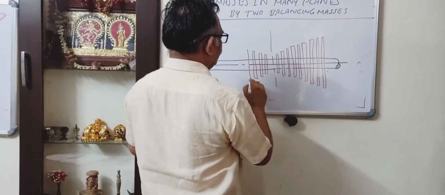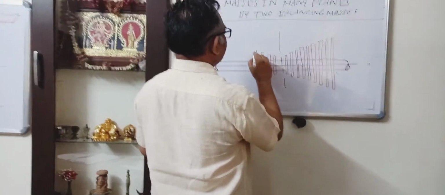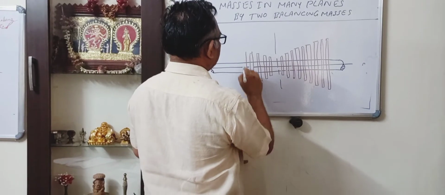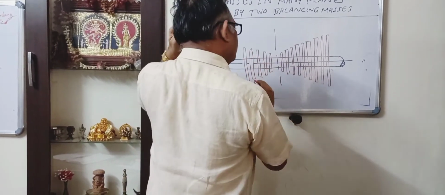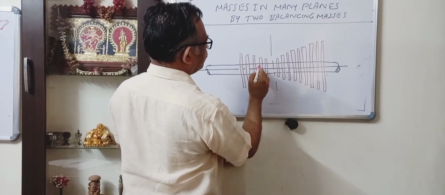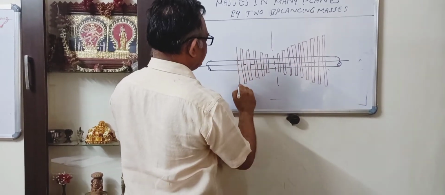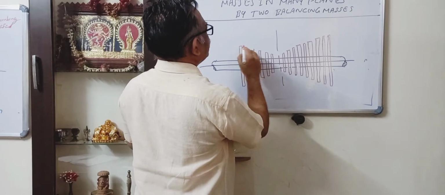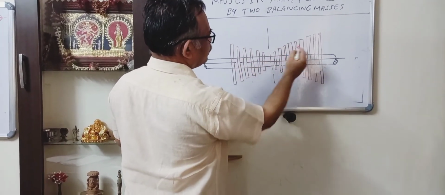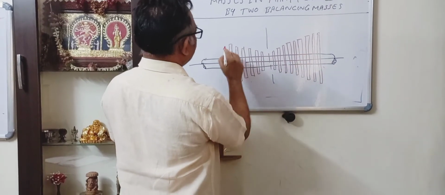So these will be intermediate stages like this. It will be like this. The same number of blades will be there on both sides. 3 plus 3 is 6 plus 4.